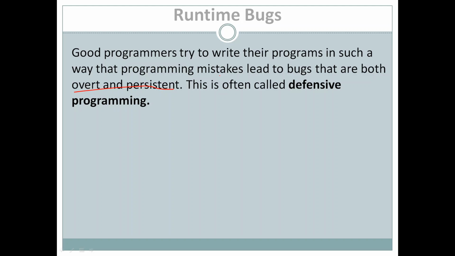This is often called defensive programming. When you write a program in a way which generates only overt and persistent bugs, it is called defensive programming.